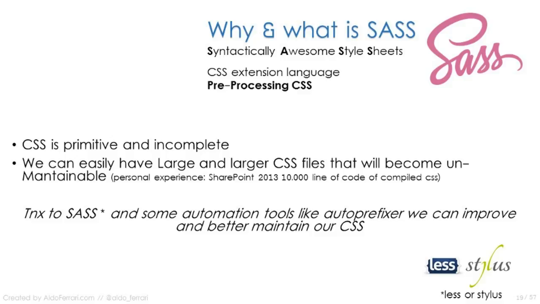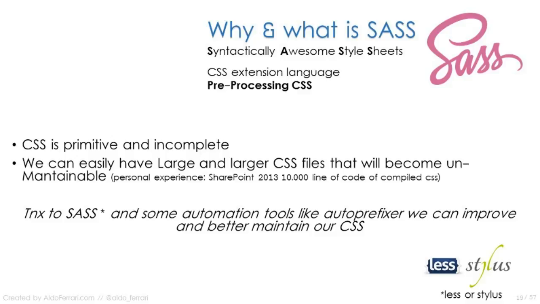A preprocessor is a language, usually an open source language, the three of them are open source, created to compile your Sass or your Less or your Stylus file and transform it into CSS. Why this?